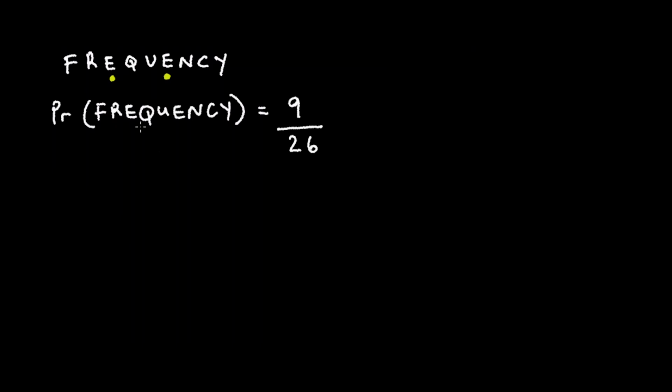Saka mukaita mistake yekuti probability yekuwana any letter in frequency mwenyora yakadai so, moverenga 1 2 3 4 5 6 7 8 9, moti 9 ndo iri kurepresenta our required outcome over 26, munenge maita mistake because you have counted e twice.